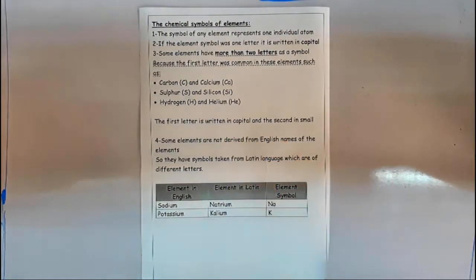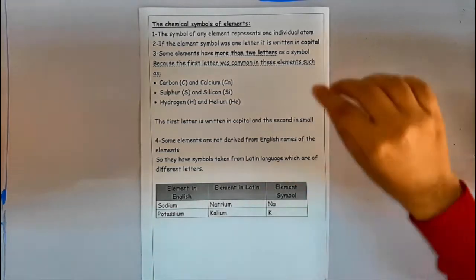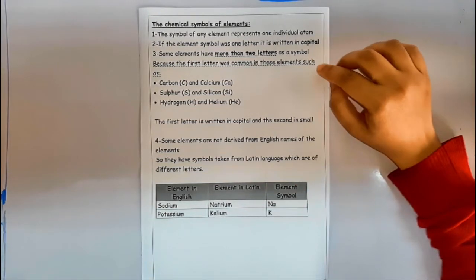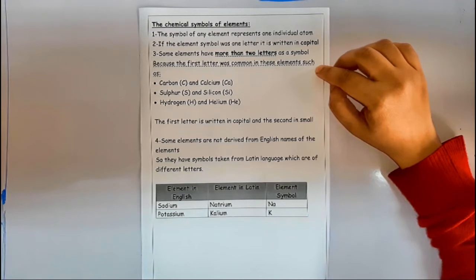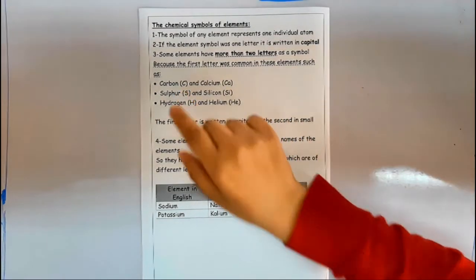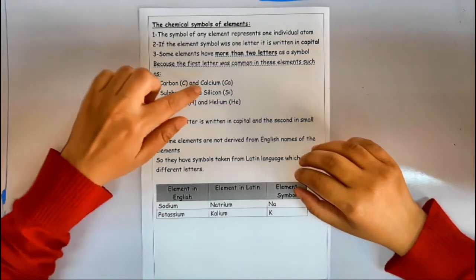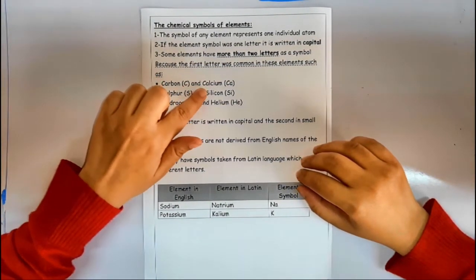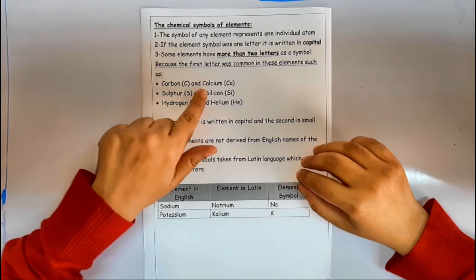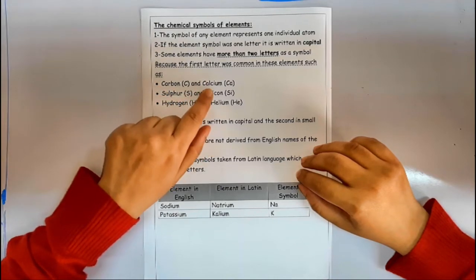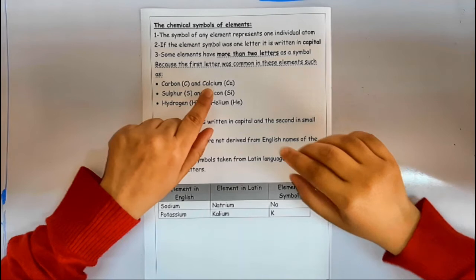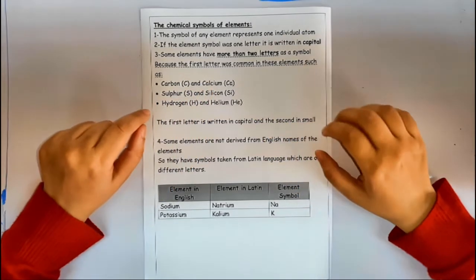So some elements have more than one letter as a symbol. The first letter is most common in these elements, such as carbon. What is the first letter in carbon? It's C. What is the first letter in calcium? Also C. So in calcium we also take the second letter, which is A, and we write it in small.